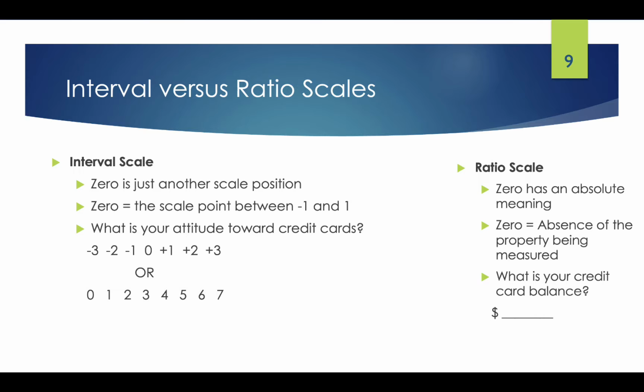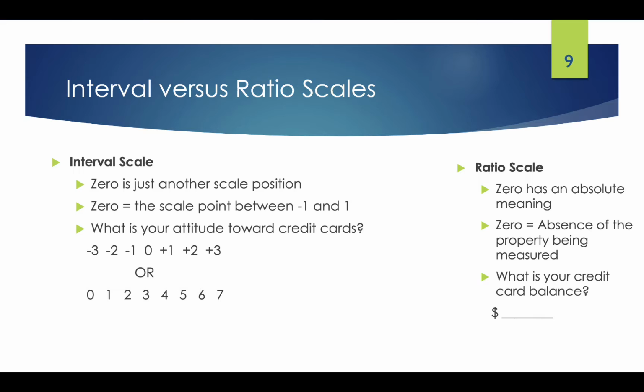Oftentimes you would see the Net Promoter Score, which is a customer satisfaction or brand loyalty measurement. That will be 0 to 10. In that case, the 0 just becomes a number in the equation. What is your attitude towards credit cards in this case? You could do -3 to +3, or you could do 0 to 7.